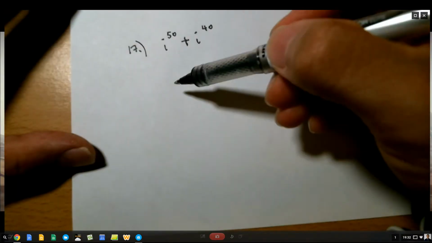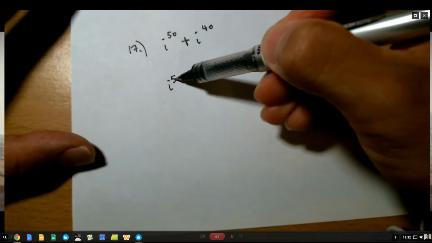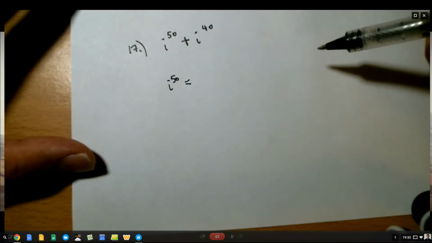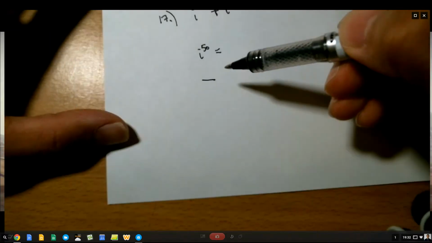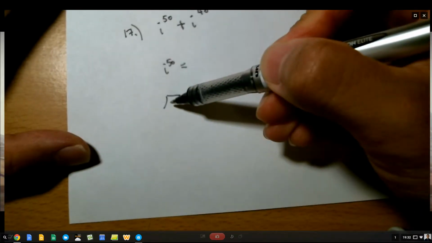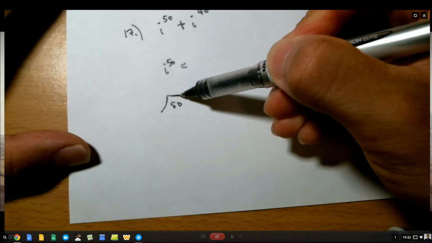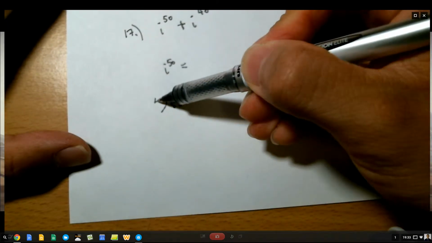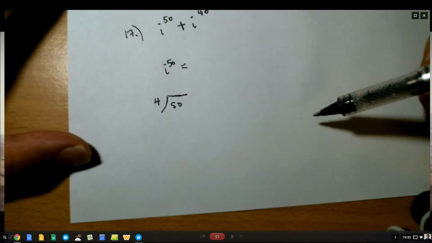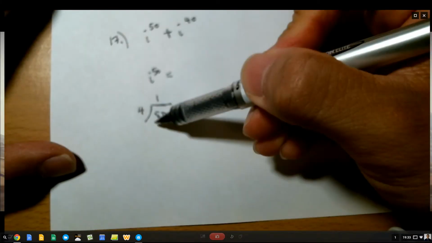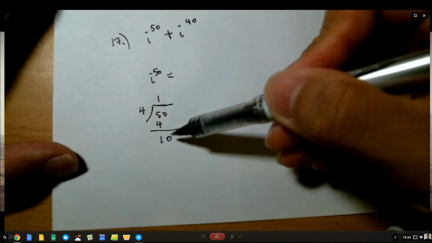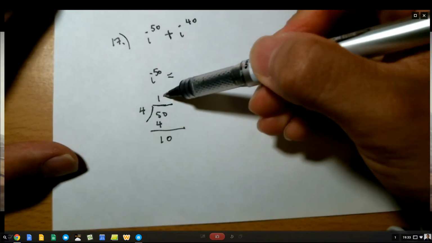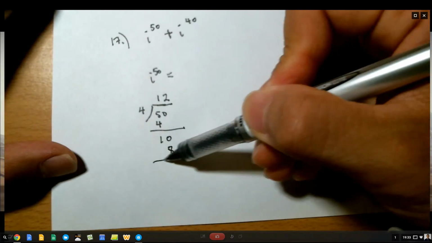So let's first figure out i to the 50th power and see what we come up with. It's the same step that we did earlier. We want to divide 50 by 4. So 1 times 4 gives you 4. Remainder, you have 10. 2 times 4 gives you 8.